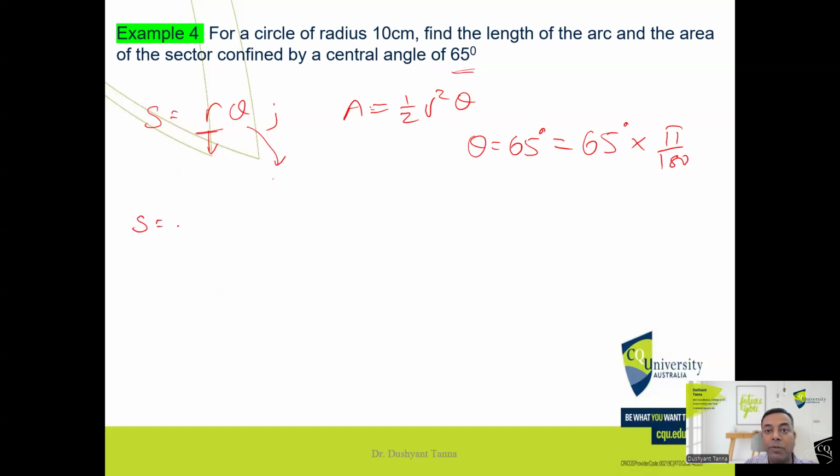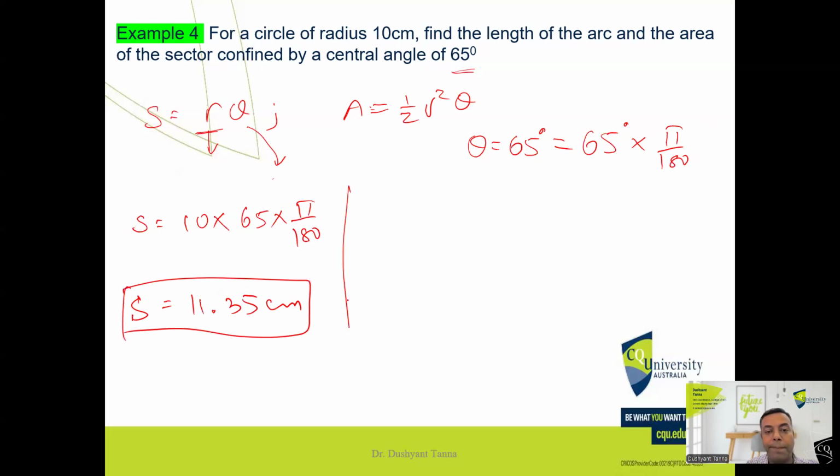So S is equal to r theta, which is 10 times 65 times pi over 180. Whatever that simplifies to, your S will be 11.35 centimeters.